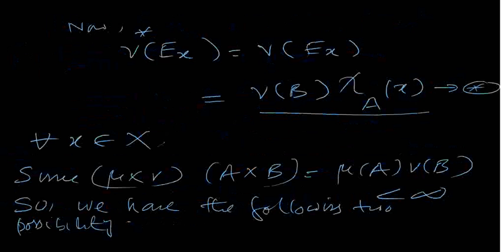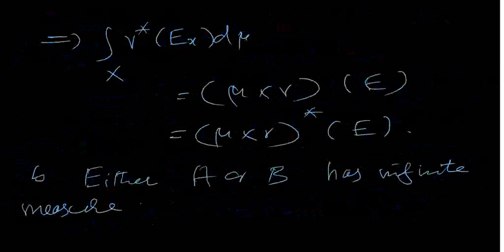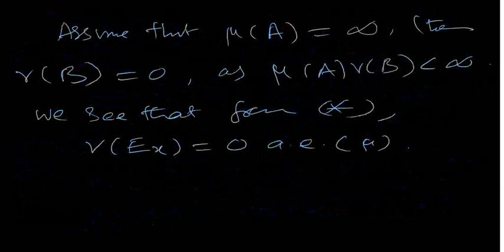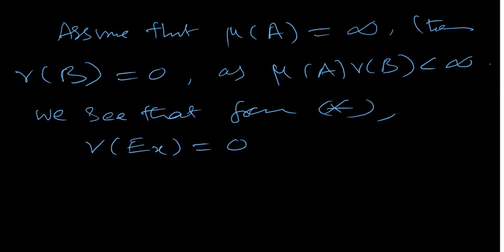So in that case, nu star of E_x is always equal to 0. So it's not almost everywhere, it's always equal to 0. This is equal to 0 for all x, for all x in A.